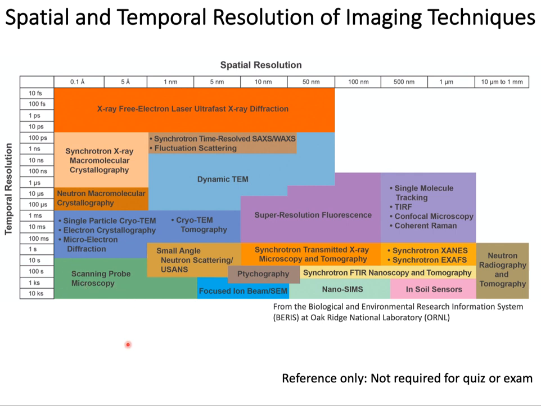So let's take a look at the spatial resolution of electron microscope. The focused ion beam of the SEM, or scanning electron microscope, is in the range of 2 to 10 nanometer. This range is great for visualizing relatively larger surface structures. The dynamic TEM, or transmission electron microscopy, can visualize at twofold higher resolution than SEM to up to about 1 nanometer range, and can visualize ultra-thin section samples as well.